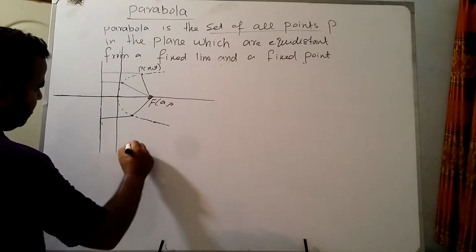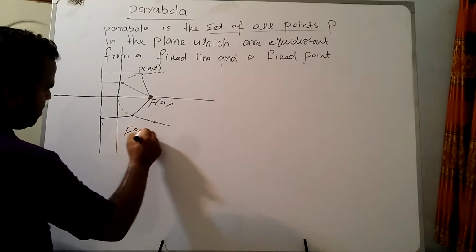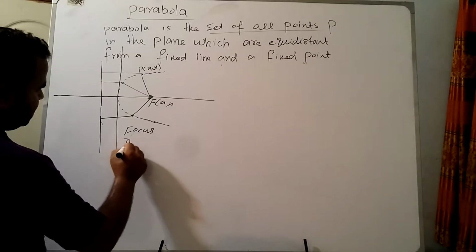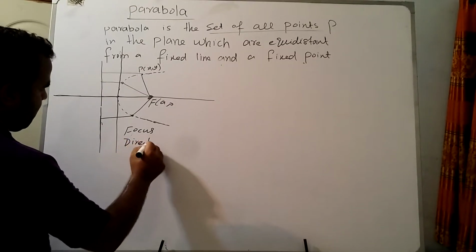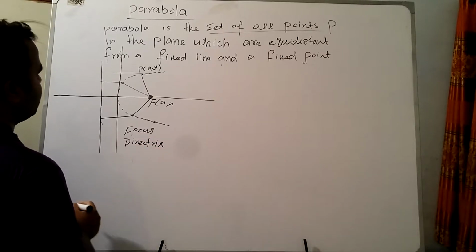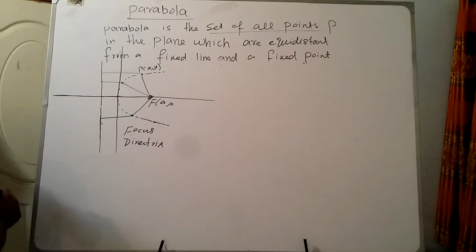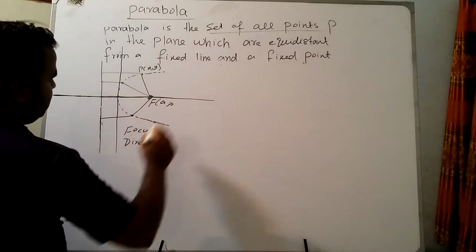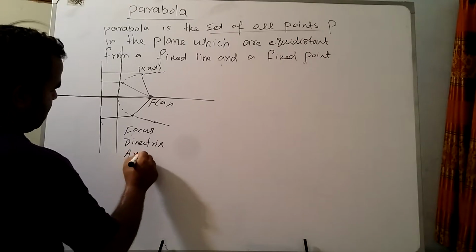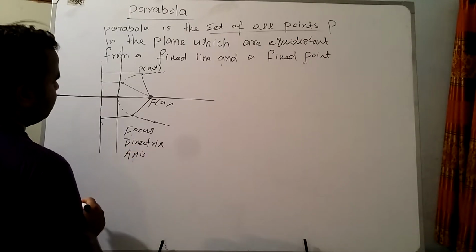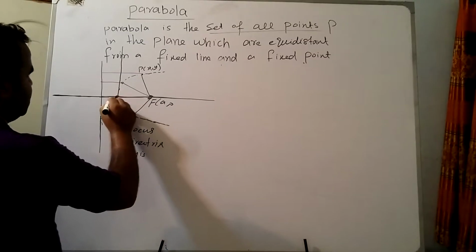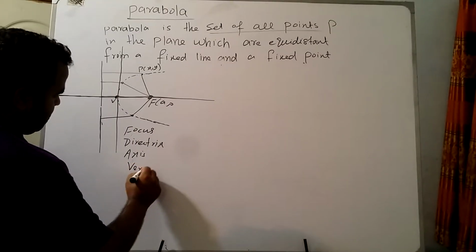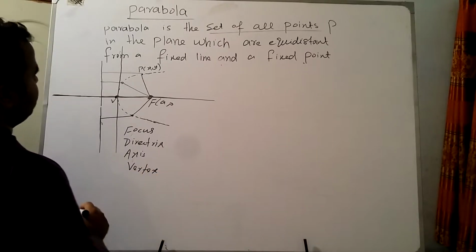This fixed point is called the focus and this line is called the directrix. Similarly, the line which is passing through the focus is called the axis of the parabola, and this point is called the vertex of the parabola.